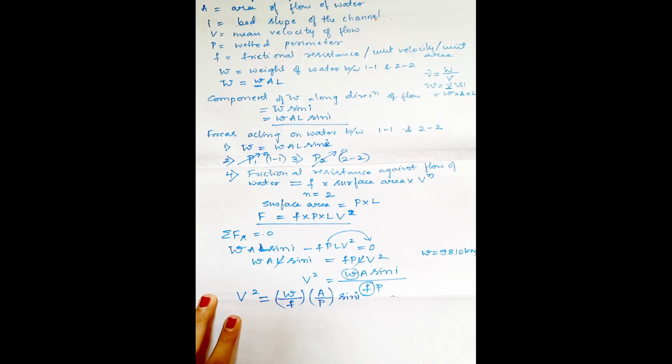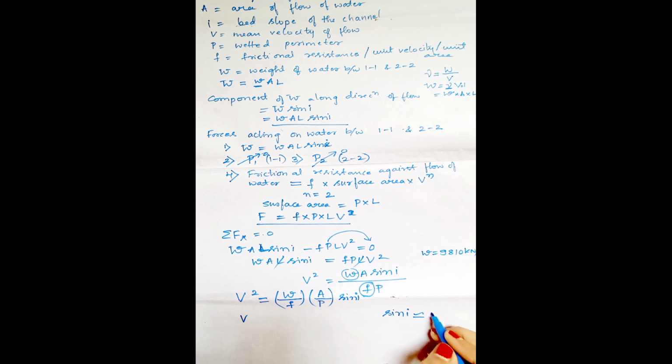Here the bed slope I is very small, so sin I will be approximately equal to I. That's why we can write sin I as I, and let us take the square root.